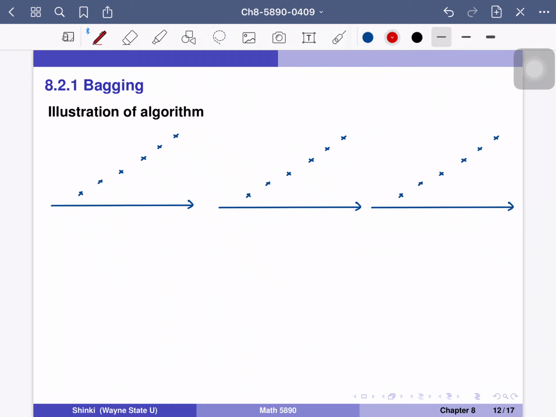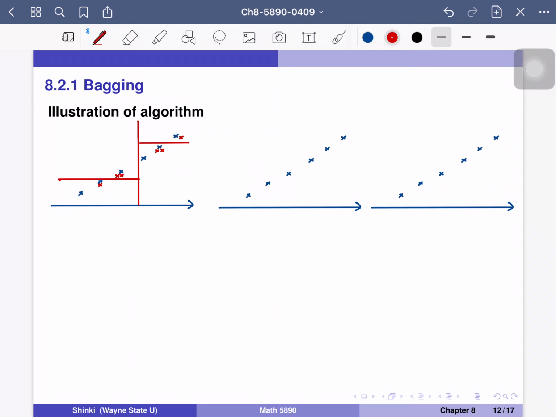In bagging we bootstrap and take the average. Suppose first we take this observation once, this observation twice, this observation twice, and this observation once. Then what happens? Probably the split is around here, and the average is here, and the average is here.